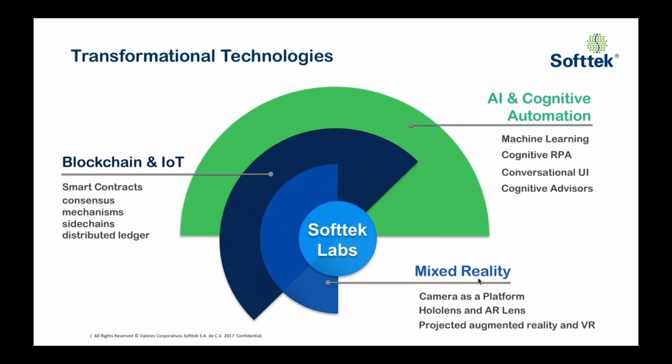We believe that machine learning, cognitive robotic process automation, that means you are able to automate, but being smarter than usual, right? Conversational user interfaces and cognitive advisors will transform every single industry around the planet, right?